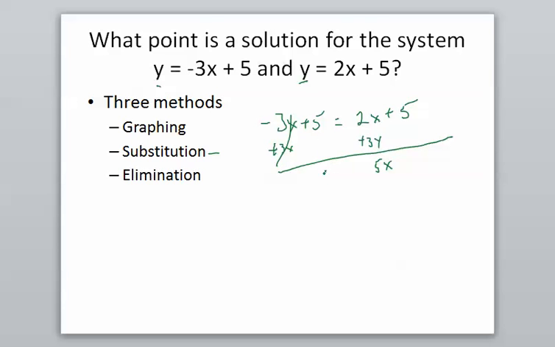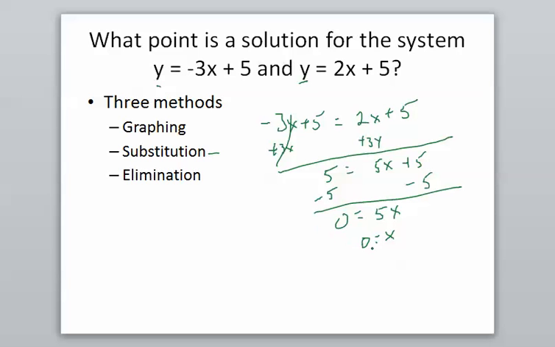So I've got 5 is equal to 5x plus 5. I'm going to subtract this 5 from both sides of this equation. And I get that 0 is equal to 5x. That means that x is equal to 0. Divide by 5, you get that.